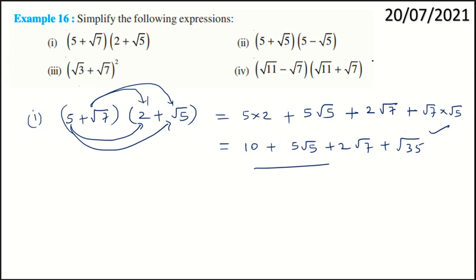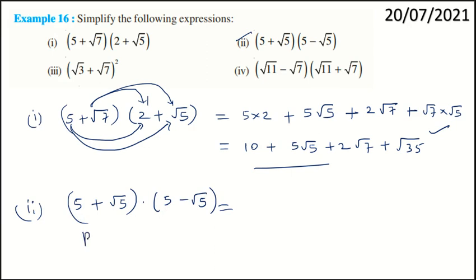Then moving on to question number 2. It is so simple. 5 plus root 5 into 5 minus root 5, it is the same as p plus root q into p minus root q, which gives you p square minus q.